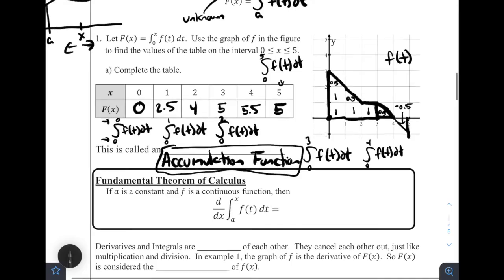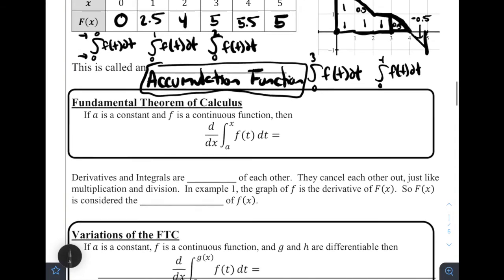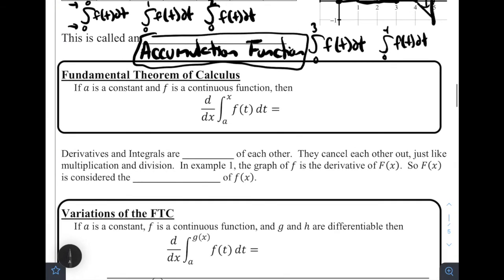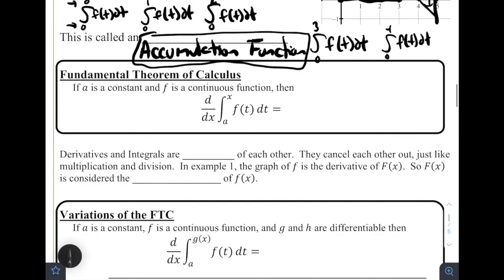Now, this brings us to one of the most important things in this class, which is called the fundamental theorem of calculus. It's such a powerful name. Interestingly enough, there are 2 parts to it. And depending upon the textbook that you and your class use, you might do one or the other first.